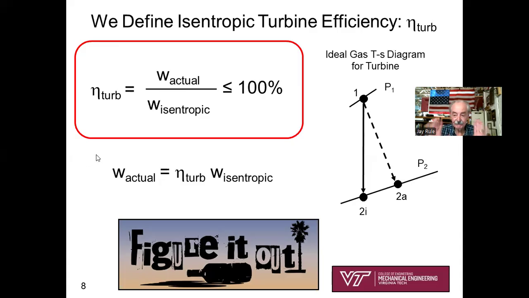That is the definition of isentropic turbine efficiency. It is less than or equal to 100%, never, never, never more than 100%. I would claim that you can figure this out in your head without writing this down on your formula sheet. Common sense should enable you to write this definition of turbine efficiency down on your own.